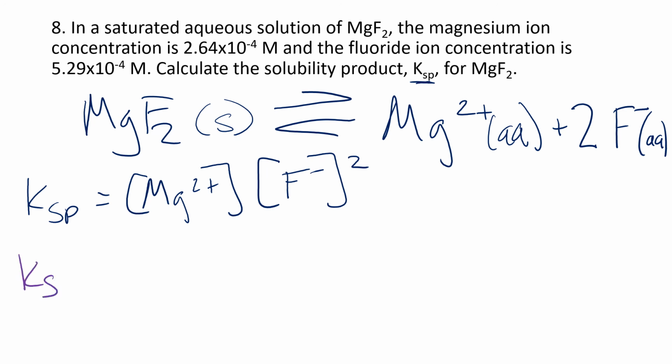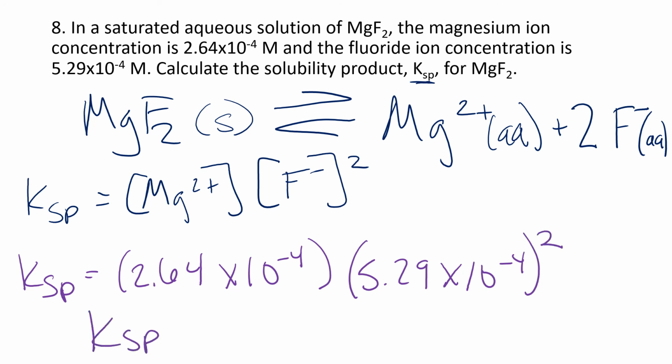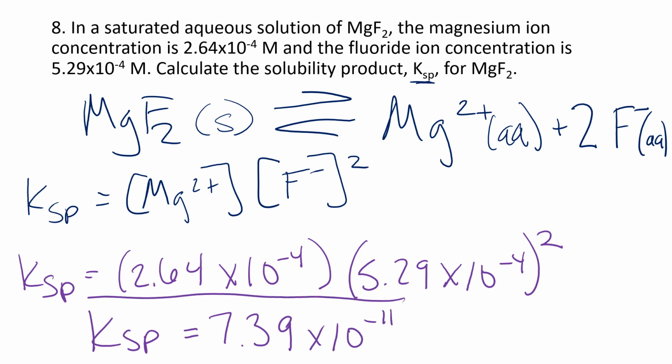So Ksp is equal to 2.64 times 10 to the minus 4, that's magnesium, times 5.29 times 10 to the minus 4, that's fluoride, and don't forget to square it. So the Ksp is 7.39 times 10 to the minus 11, and there's no unit, so it's just that value.